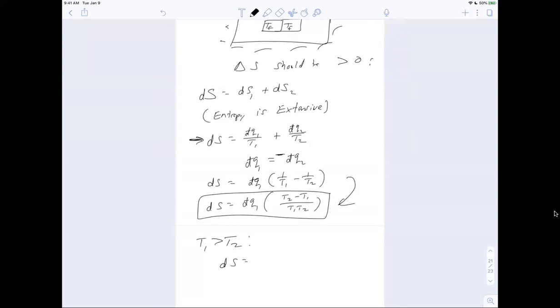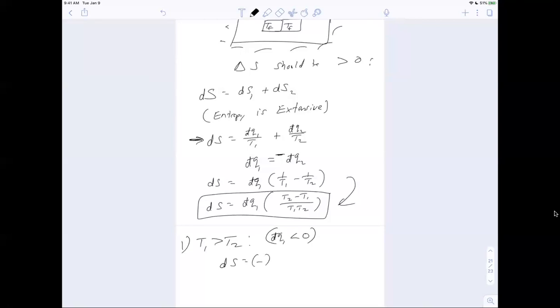If block 1 loses heat, it would be negative. If block 1 gains heat, it would be positive. So in this first case, T1 is greater than T2, and so dQ1 is negative.